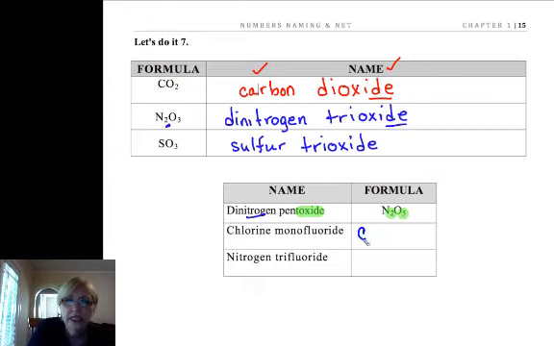So I have chlorine, only one, monofluoride, one fluoride. Okay, nitrogen fluoride, and there are 3 of them. So there's one nitrogen implied. I wouldn't have bothered writing nitrogen if I didn't have at least one of them. And then fluoride is a 3.